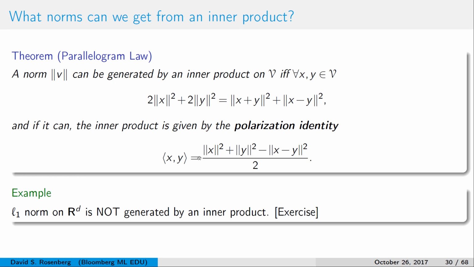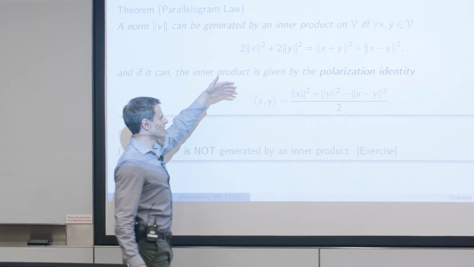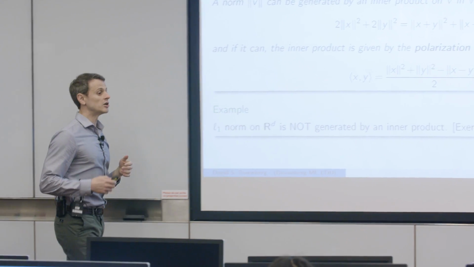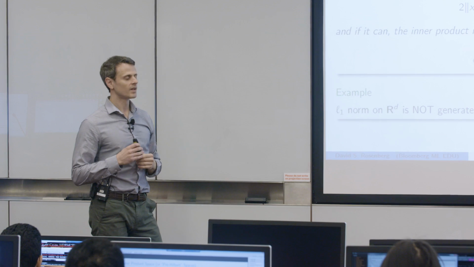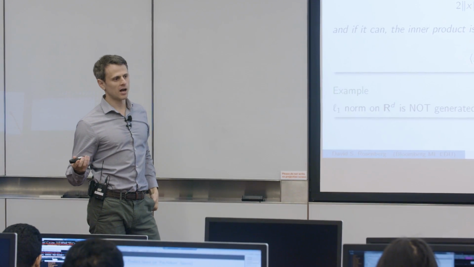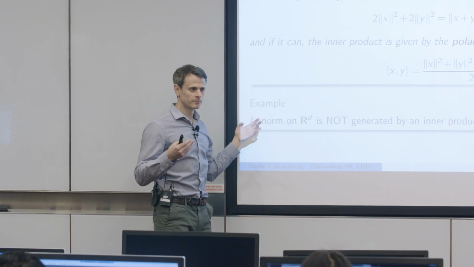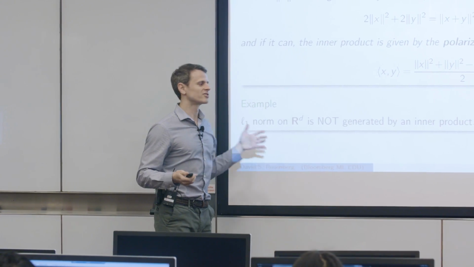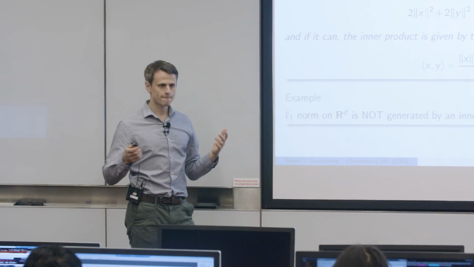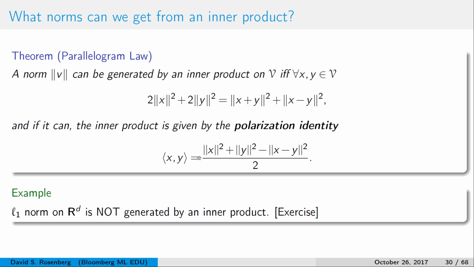If you take the L1 norm, it won't obey this property, and so you can't derive an inner product that gives rise to it. The theory we're going to develop only applies to situations where the norm that you're using is derived from an inner product. So it won't help us with L1, but it'll help us with L2.